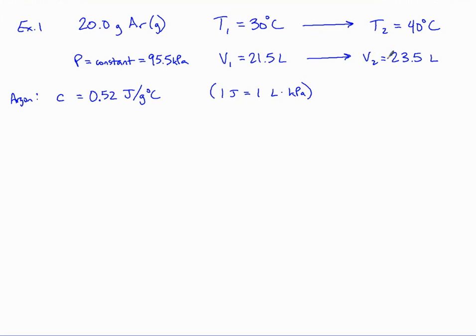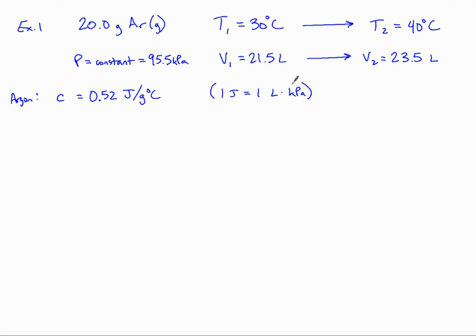And then there's a couple other notes. It says that argon has a specific heat of 0.52 joules per gram degree Celsius. And it also tells us that 1 joule equals 1 liter times 1 kilopascal. So we're going to use the formulas for internal energy that we just learned.